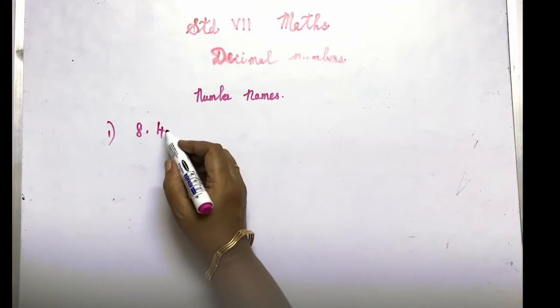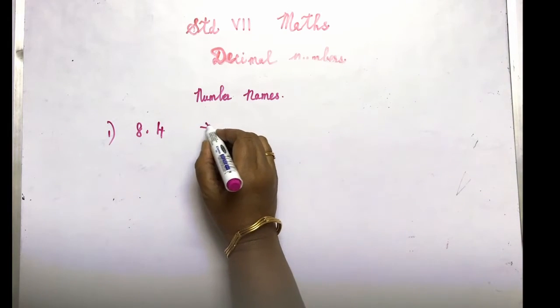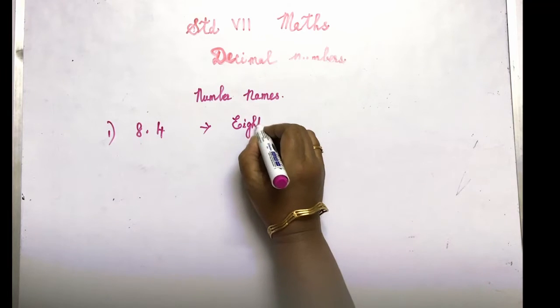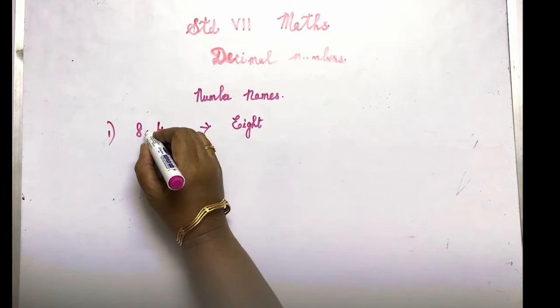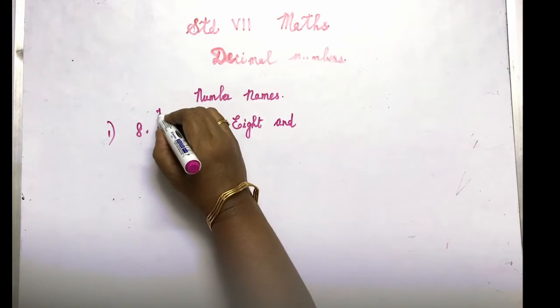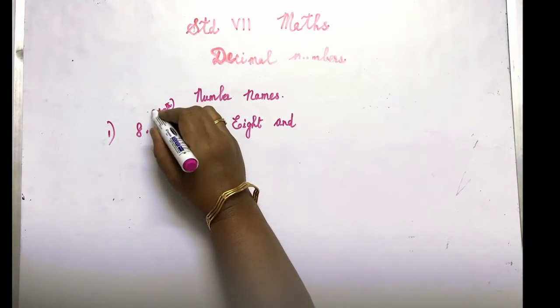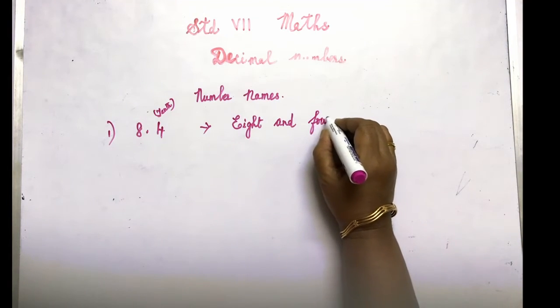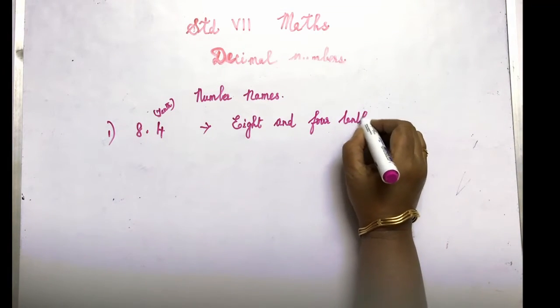This is read as 8.4, but the number name for this is: the whole number is 8. Whenever we have the point we have to write "and". And what is the place value here? Only one digit, this is the tenths place. So 8 and 4 tenths.